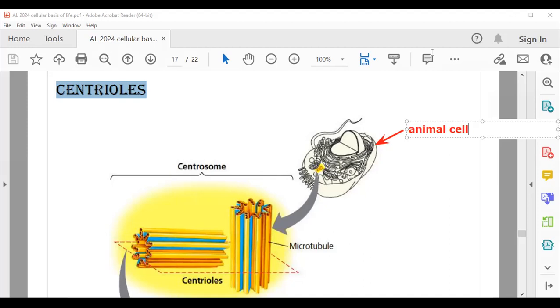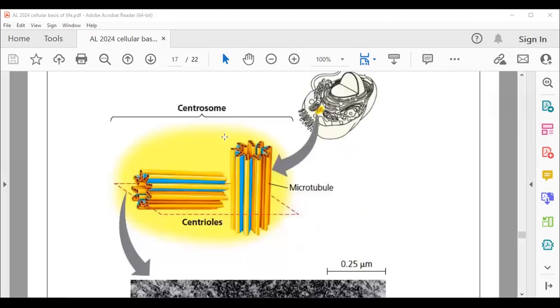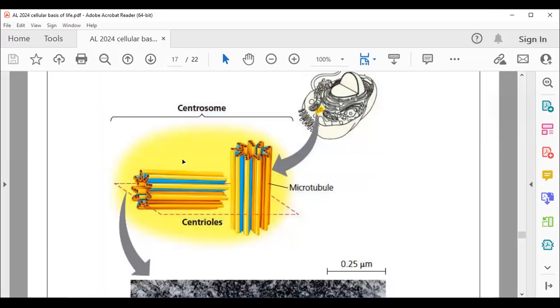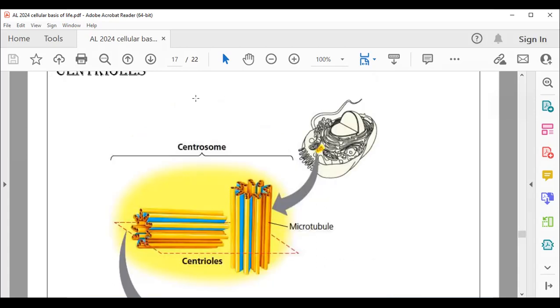Right. Here, this is a centriole. In one animal cell, how many centrioles can you notice? Two centrioles.